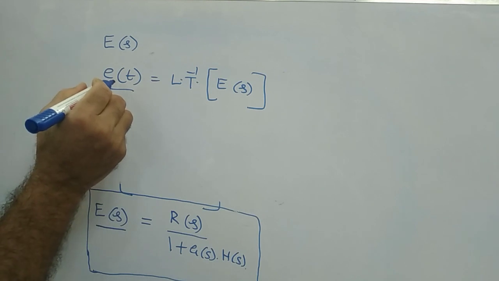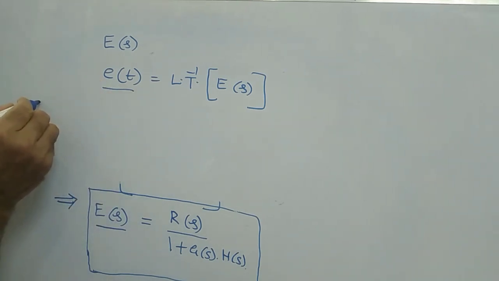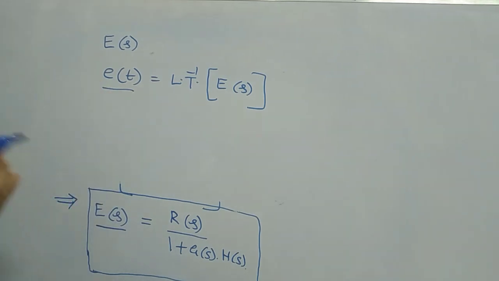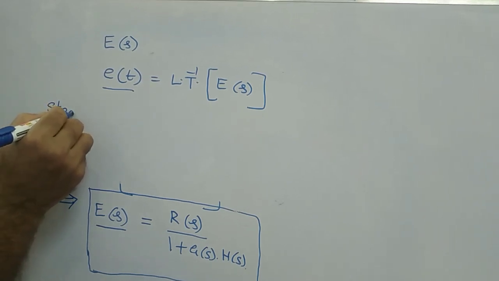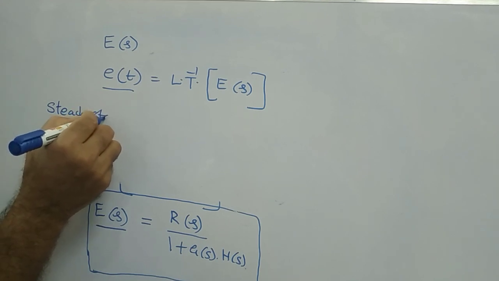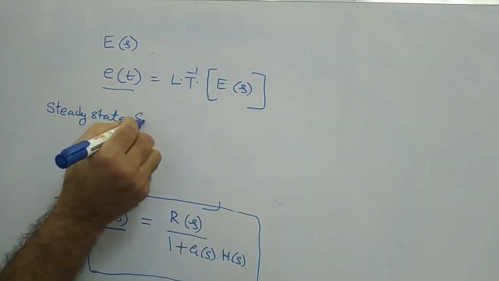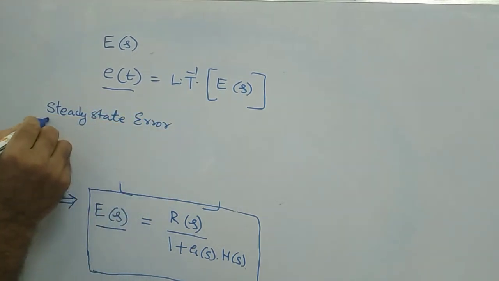So S domain and then time domain, E of t. What is the steady state error?